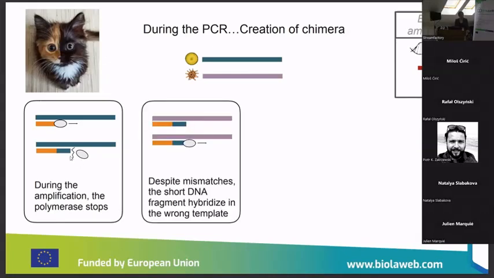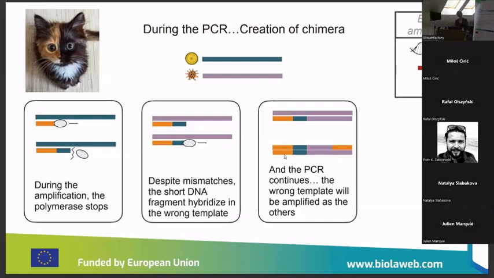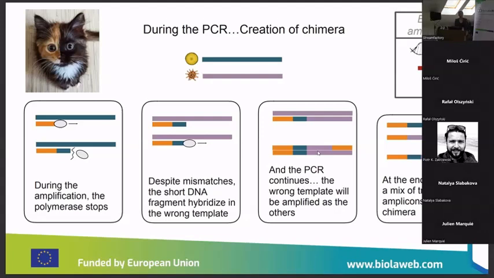And the problem is that the newly synthesized fragment, with the primer and a little piece of new fragment, can hybridize to a wrong template that was not the same at the beginning. But it can work, and the polymerase continues its job. And then you will have a sequence that is a mix of two true sequences from the beginning. And as the PCR continues, you will amplify them, and you will get them at the end.